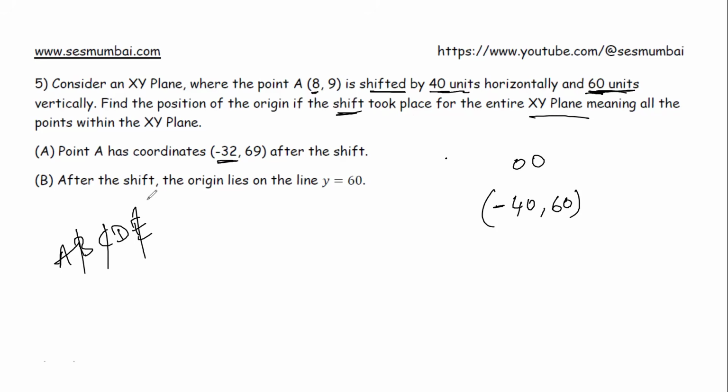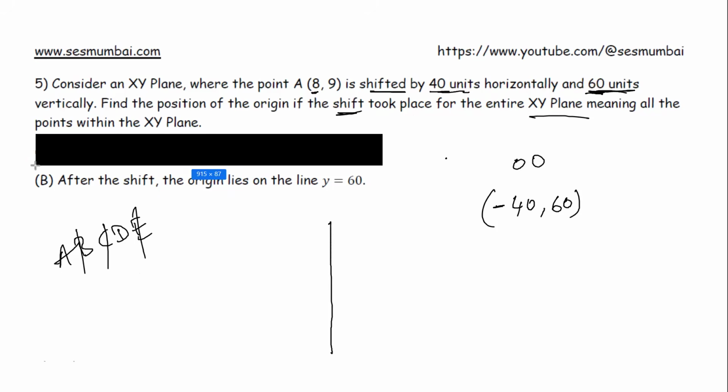Now, after the shift, the origin lies on the line y equal to 60. Remember, we cannot consider the first statement, so we leave it out. We have to find the position of the origin if the shift took place for the entire xy plane. We know it moved 40 horizontally, but we don't know left or right.